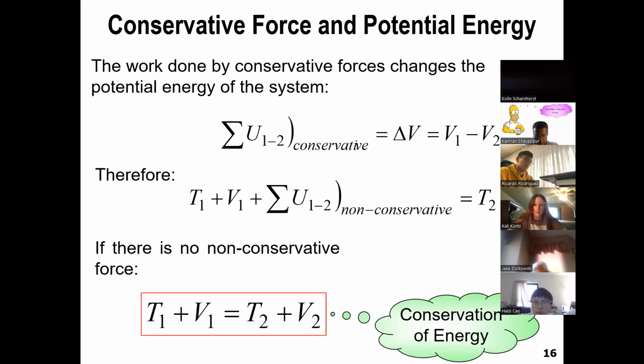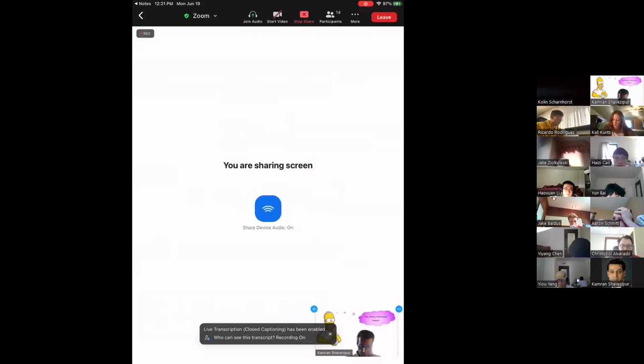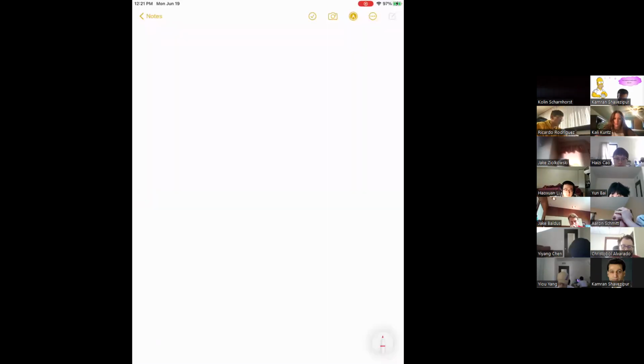Let me go to a slide and clarify this, because this is not very complicated, but you may get confused. So the principle of work and energy, the way we talked about four or five slides back, was this: T1 plus summation of U12 equals T2, right?